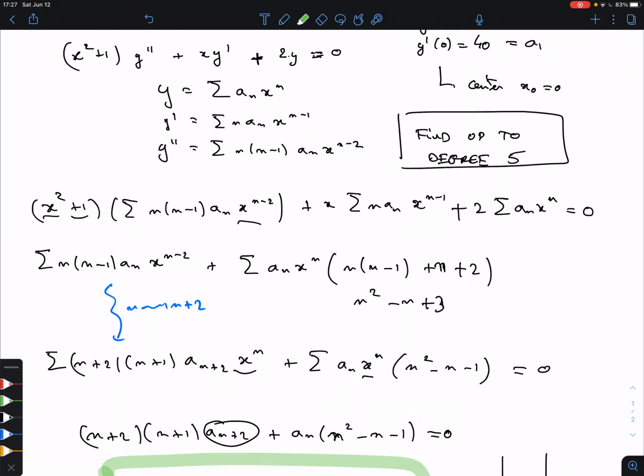We had n minus 1, that is this one. We had n, that is this one, and we had 2, that is this one. I'm sorry, that's where I went too quick. So this becomes n squared minus n plus 2.